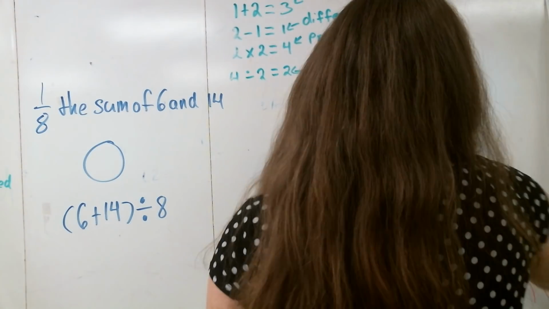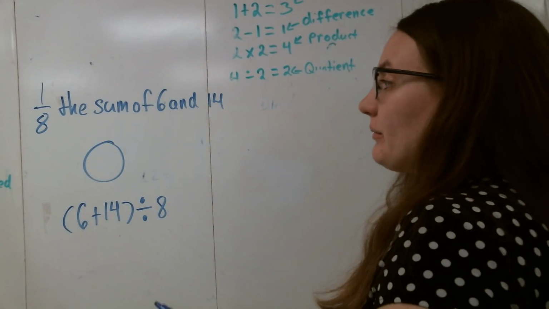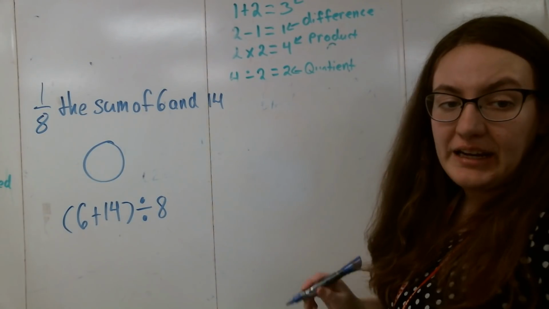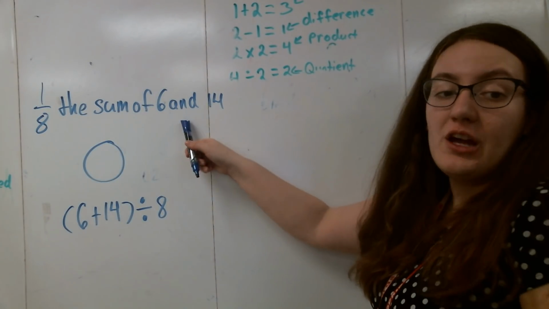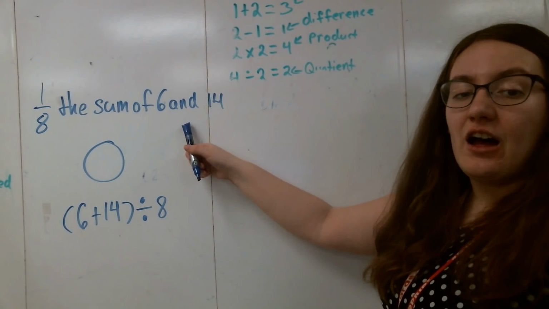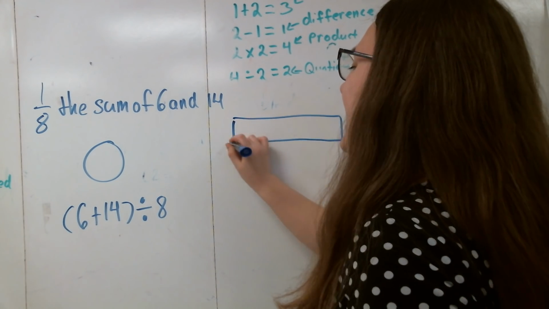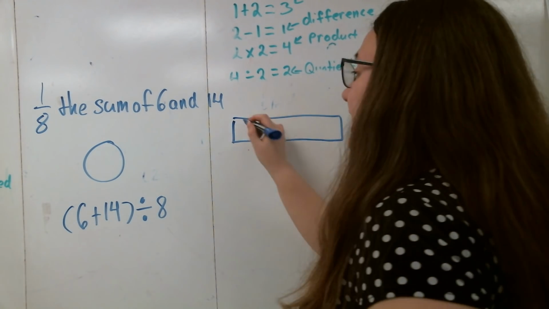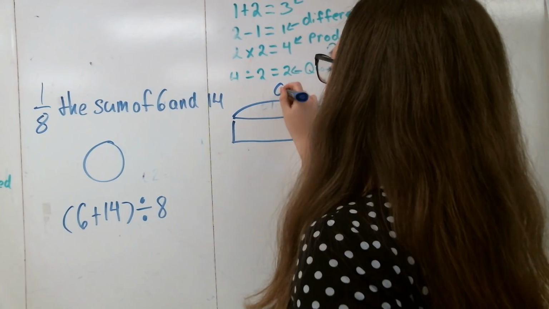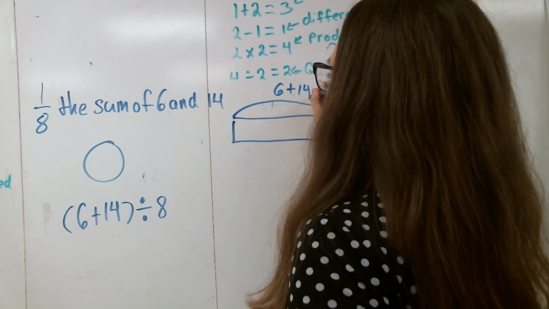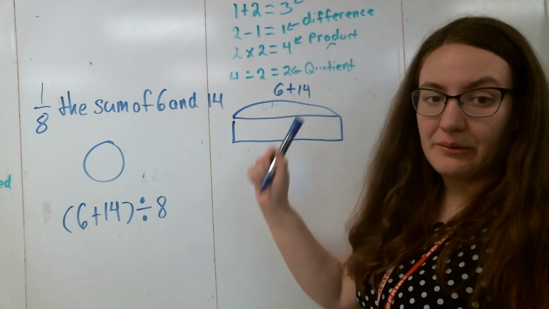So let me erase this. I have some room. And what I'm going to do is I'm going to draw a tape diagram for this first problem. So I have 1/8 the sum of 6 and 14. So I know if I'm finding 1/8 of something, that means that my whole is this 6 plus 14 because I have the sum. So remember, that means that we're adding.